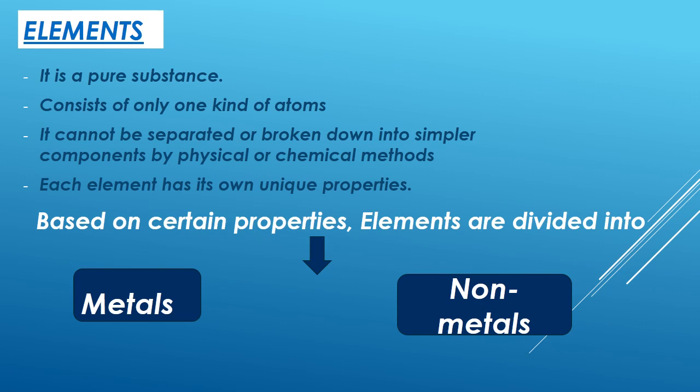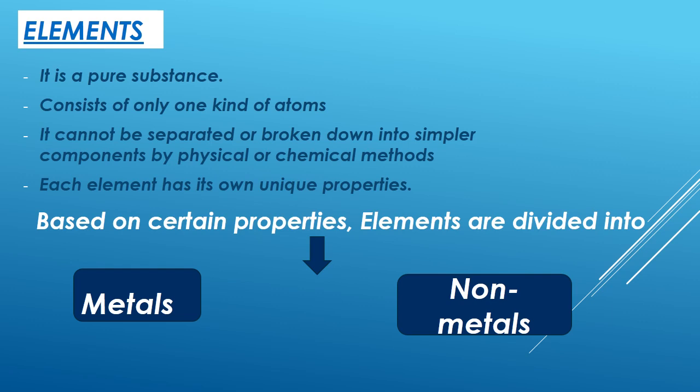An element cannot be broken down into simpler substances by any means, either by physical or chemical methods. Now, each element exhibits its own unique properties. For example, gold, copper, iron, calcium, and zinc.